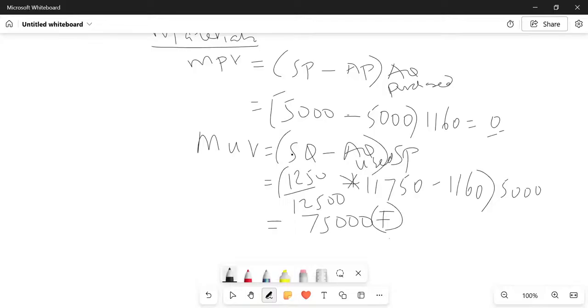Bonita is asking, why are we dividing the cost by 12,500? Maybe, Bonita, you missed out some very important concept. Remember, they never gave us a material cost variance per unit. They gave us material cost for producing 12,500.